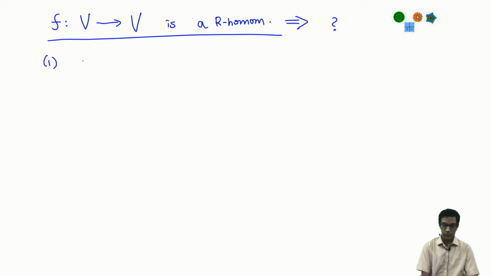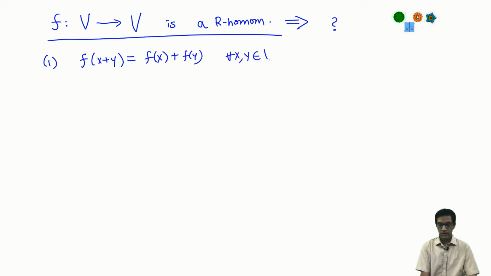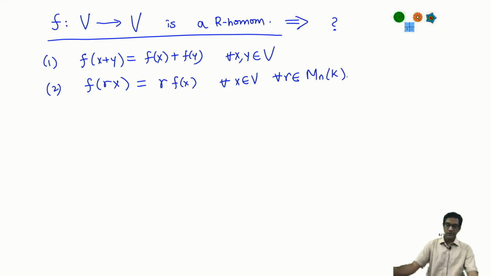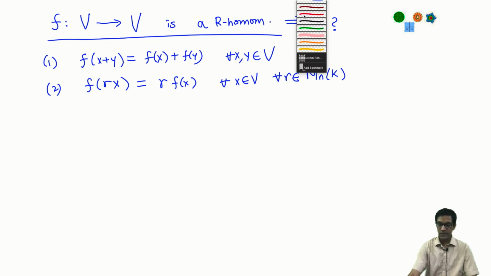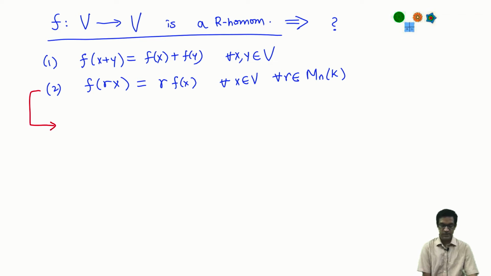Let's recall its two properties: property 1, f of x plus y equals fx plus fy for all x, y in V, and property 2, f of Rx equals R fx for all R in my ring, which in this case is M n of K. So let me try to understand all the various consequences of these two definitions. In particular, let me start with axiom 2 and take a special case.